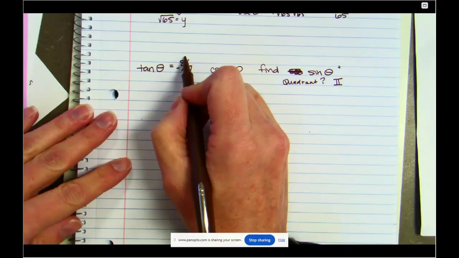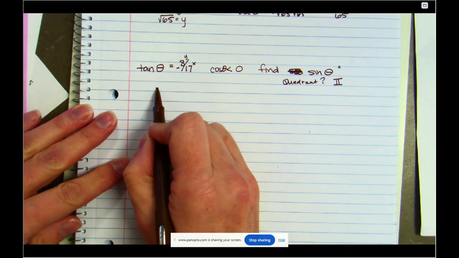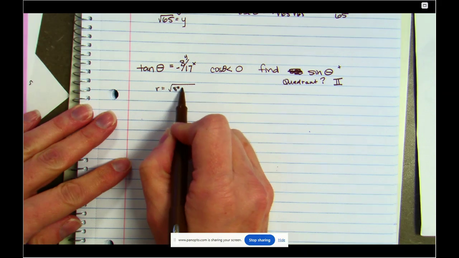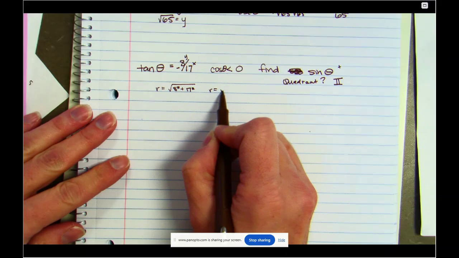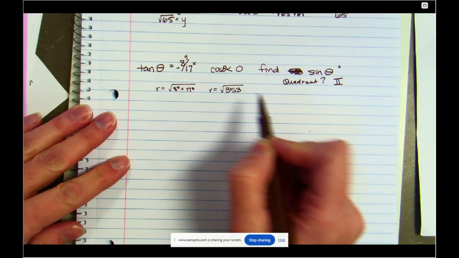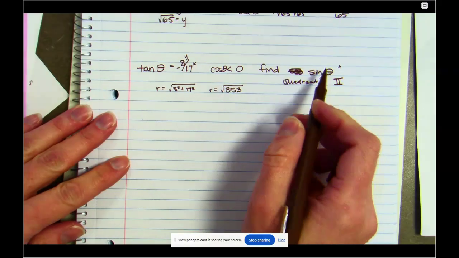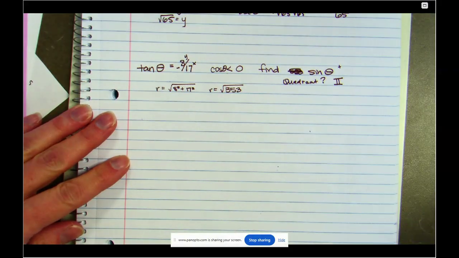This is y and this is x. So then r is equal to the square root of 8 squared plus 17 squared. It doesn't reduce. What is the square root of what? Yeah, 353. Okay, so then we are looking for sine. Sine is y over r.